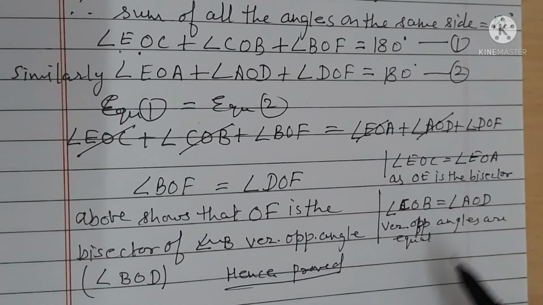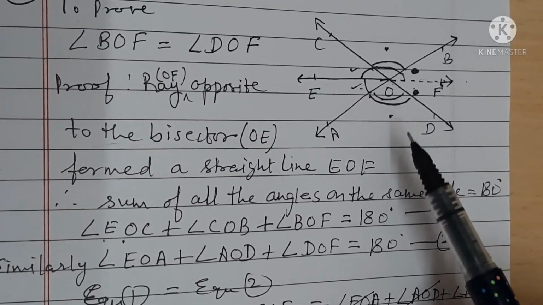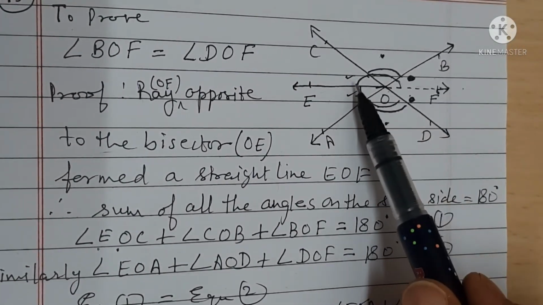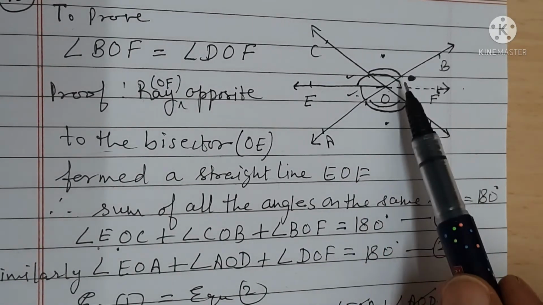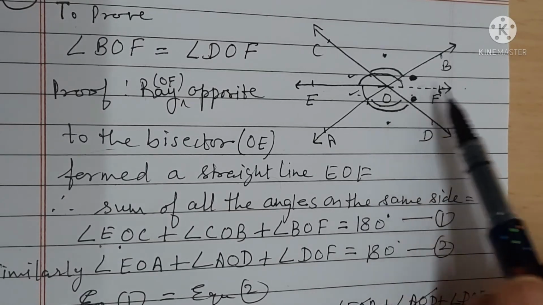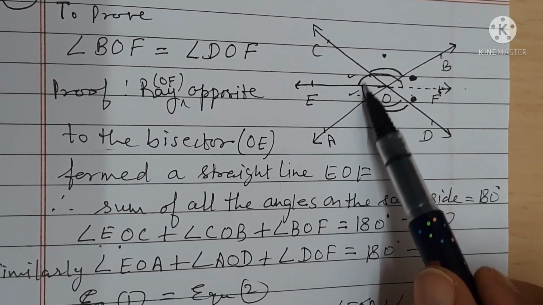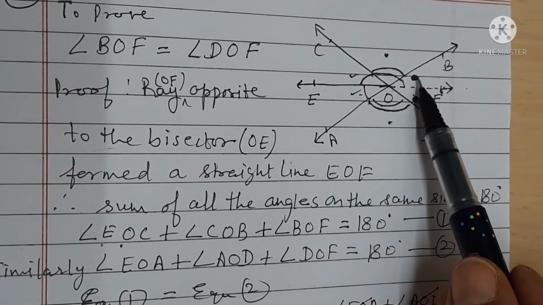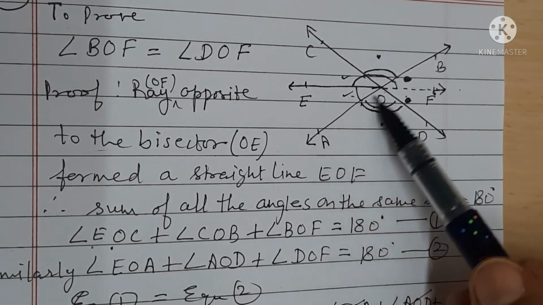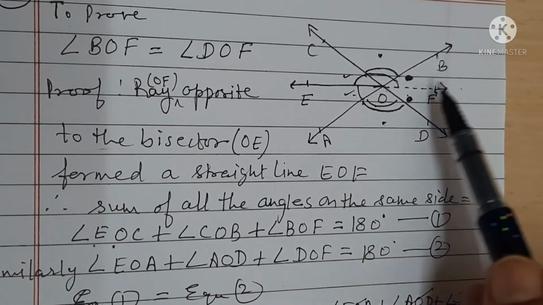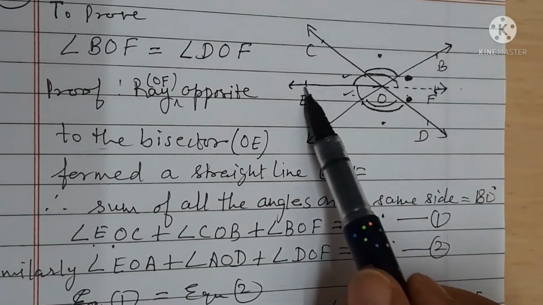And you can solve it by another method also. Here you have to solve this by proving the sum of the angles on the same side of a line, and you can solve it by the other method in which you will take these two vertically opposite angles, and the other two are these. So you can take the lines AOB and EOF, these two lines AB and EF.